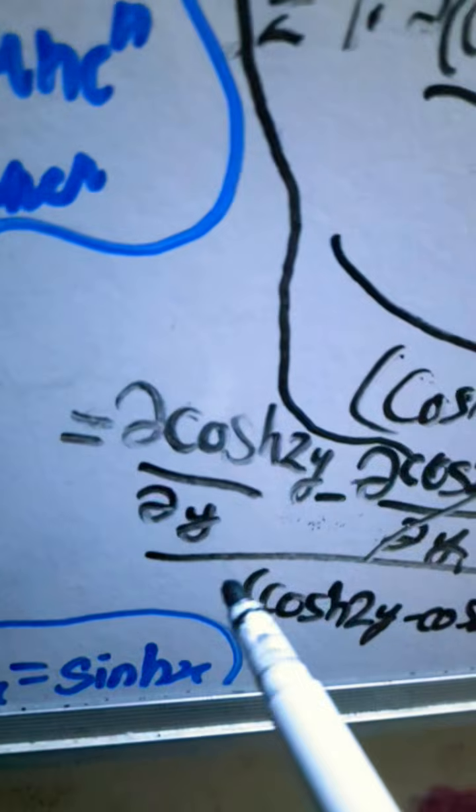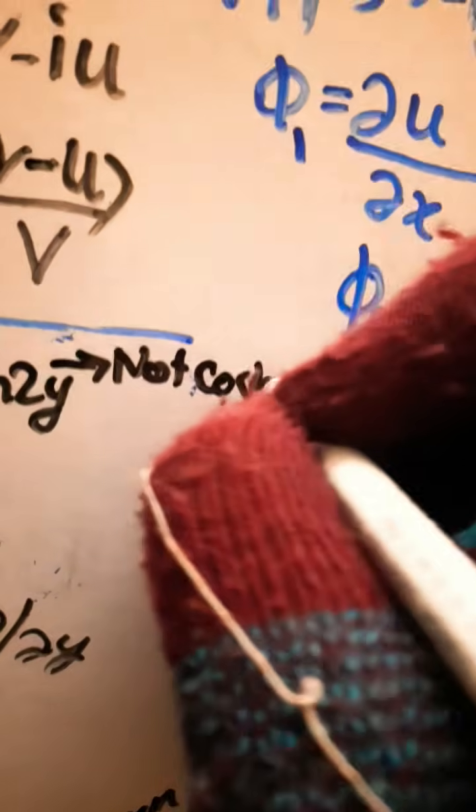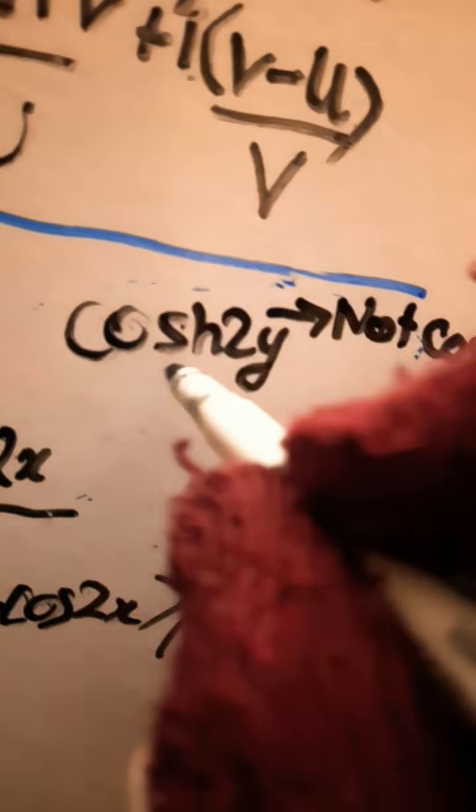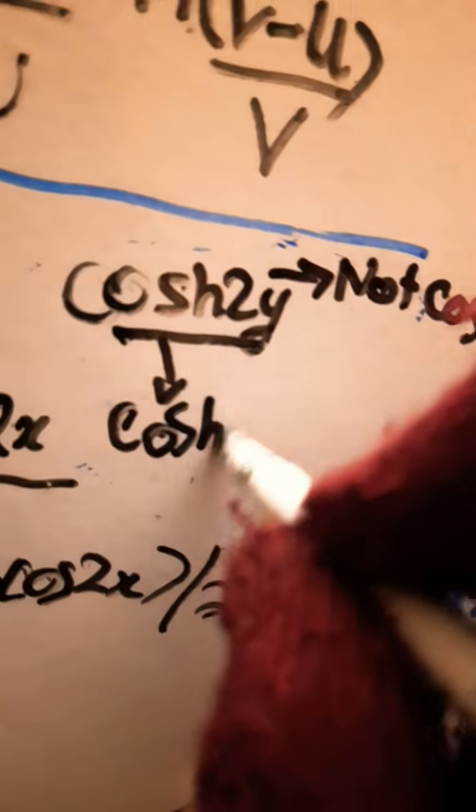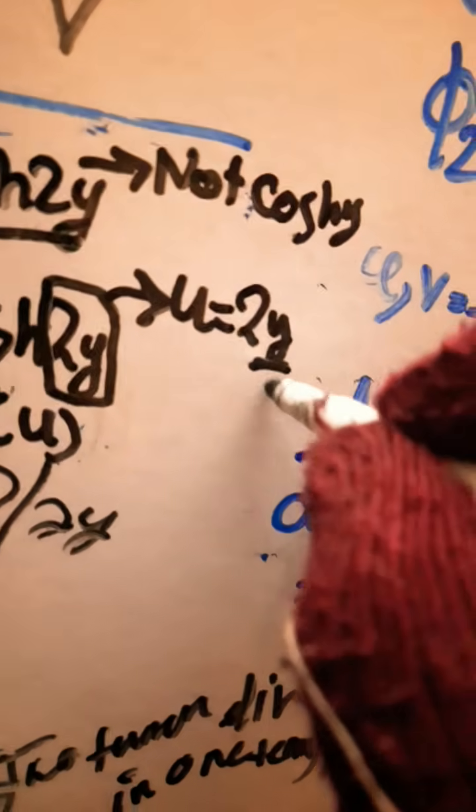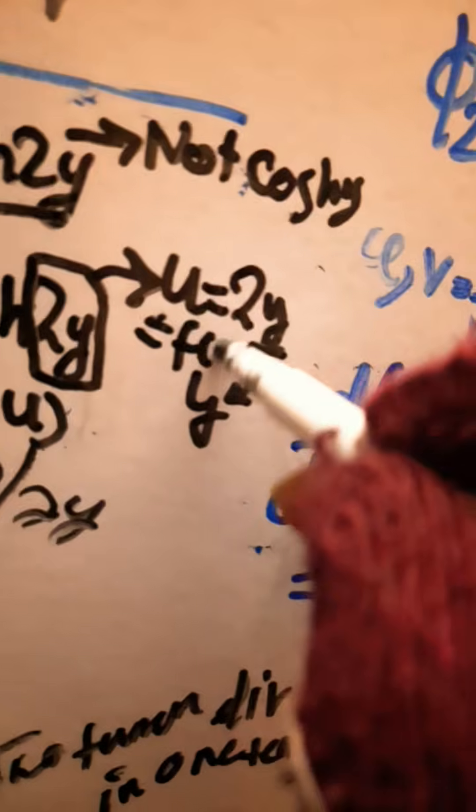Now, the derivative of cosh 2y with respect to y. Now this is going to be complicated, because in cosh 2y it's not cosh y. So this is a nested function. There are two functions: cosh 2y means this is f of u, and our u is 2y, where u is equal to f of y.